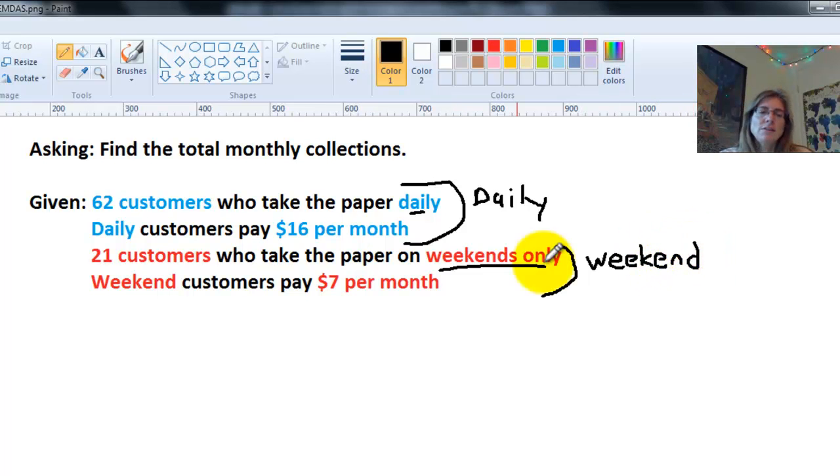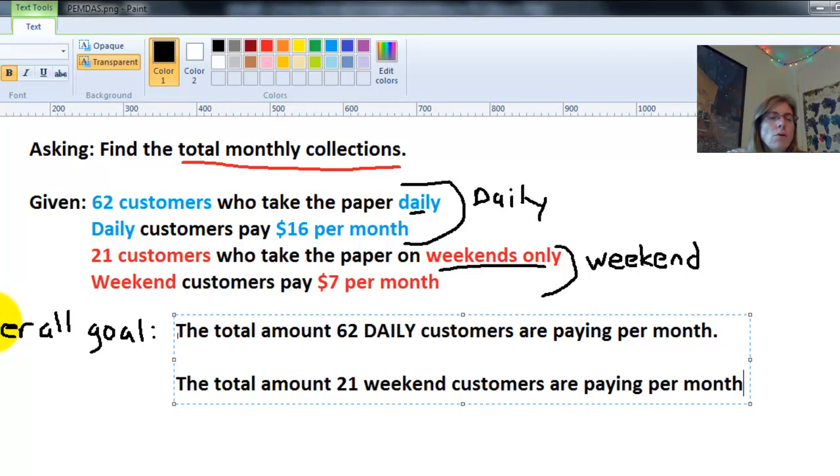Now, to make sense of all of this, total monthly collections. Once again, we have a two-step problem, and to find the total, we're going to have to add the information from both groups of customers together.